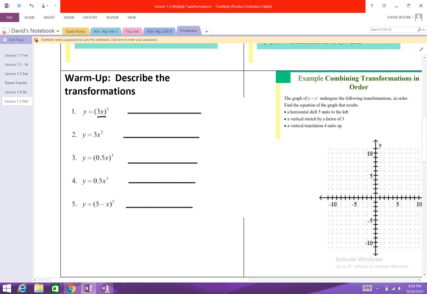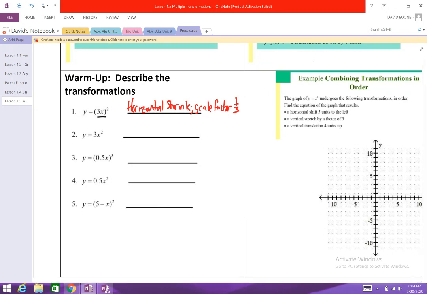So if I'm multiplying by a number, I'm really making it smaller. So this is a horizontal shrink. And then we have to take the reciprocal of that, so the scale factor is 1/3. It's shrinking to 1/3 its size horizontally.